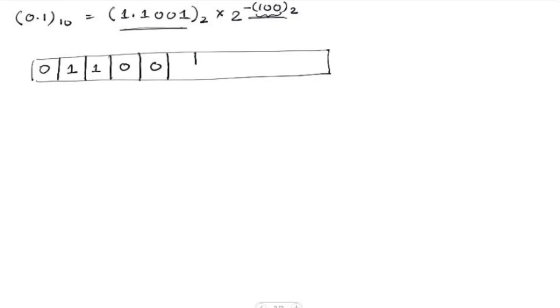Then we have 4 bits for the magnitude of the mantissa. For that, we take the 4 bits after the radix point. These are the 4 bits that we need to fill in. After the radix point, we have 1 0 0 1. So that's the way 0.1 will be represented in the computer.